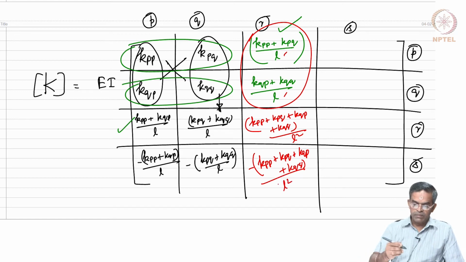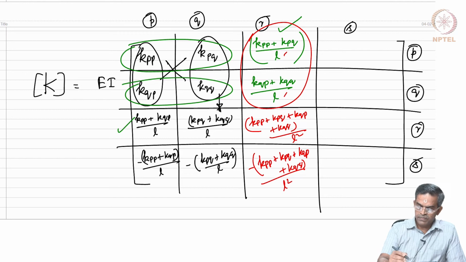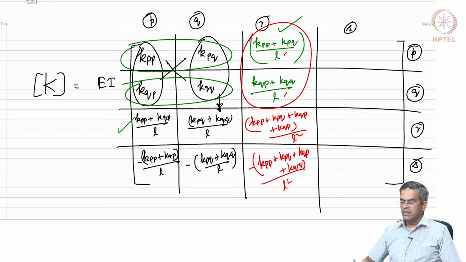The fourth column is very straightforward, the negative of the third column.